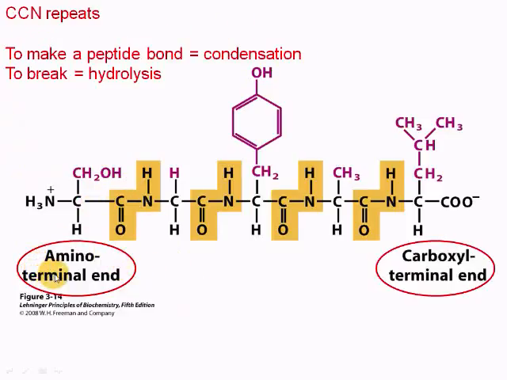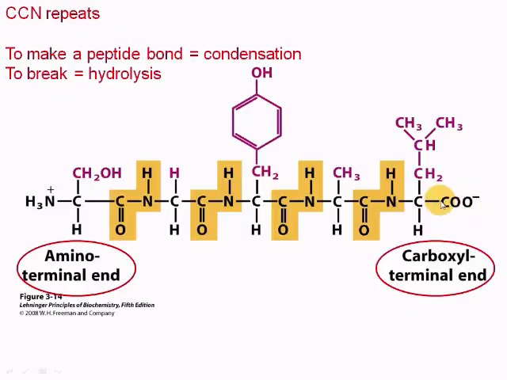You have the amino terminal end, which means that's the end of the protein where you have an amine group, and then a carboxyl terminal end where you have a carboxyl group. Just by looking at this carboxyl group, you can tell what the pH has to be, at least to a certain point.